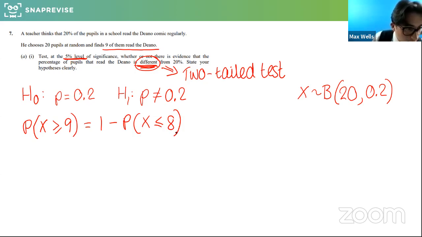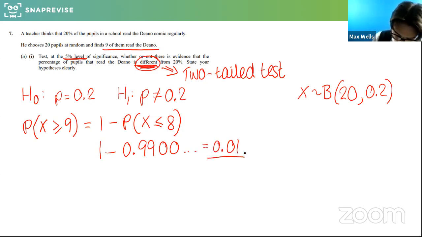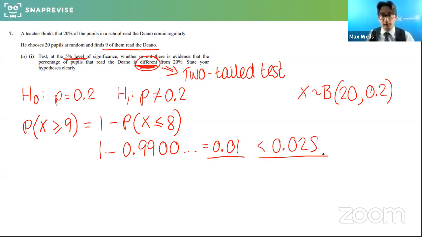Okay, and what we have here is 1 minus 0.9900, whatever it ends up being, which is 0.01. This is within our 2.5%, so it's a rare enough case to be evidence that we need to reject the null hypothesis.